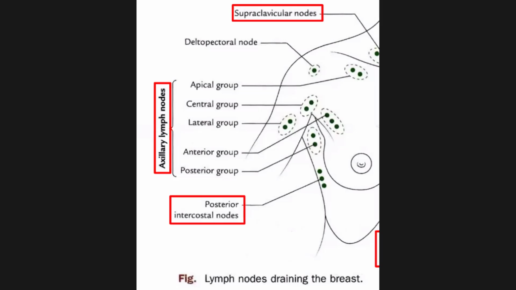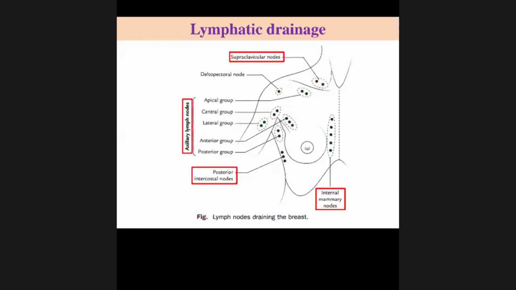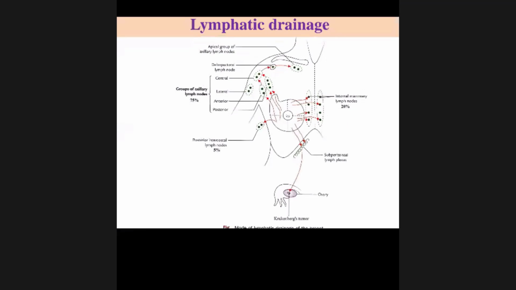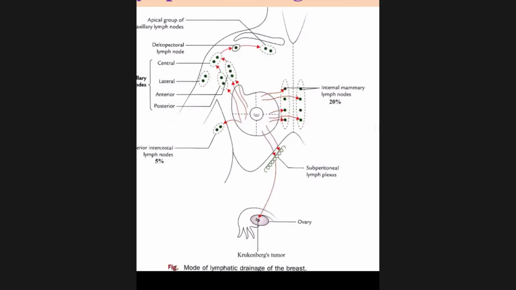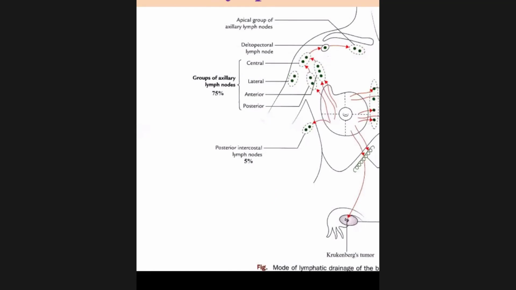75% of the lymph is drained by the axillary lymph nodes and the remaining by other nodes. In this picture we can see here that the axillary lymph nodes drain 75% of the lymph, 20% by the internal mammary lymph nodes, or 5% by the posterior intercostal lymph nodes.